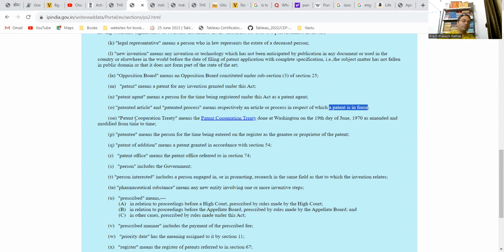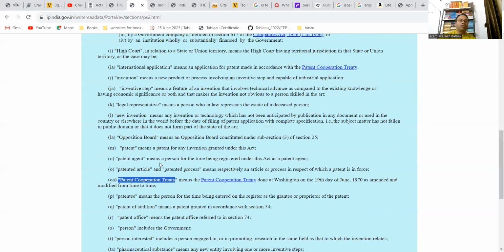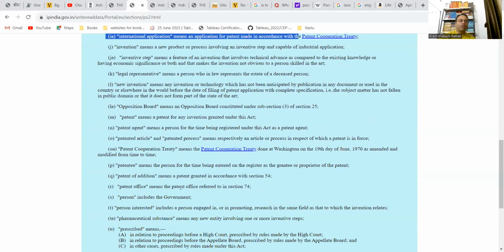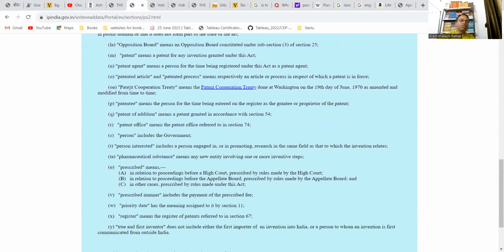Then PCT, Patent Cooperation Treaty. What does this mean? We just learned about the PCT in the case of an international application, IA. International application means an application for patent made in accordance with the Patent Cooperation Treaty. And what is this Patent Cooperation Treaty?